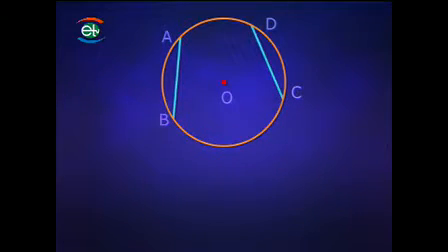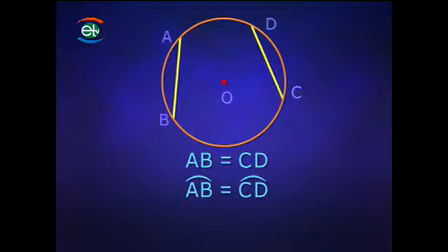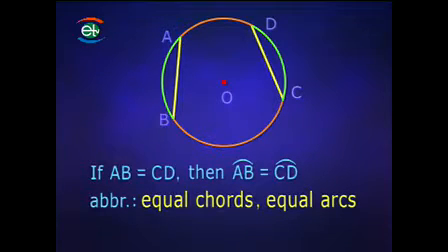So, the property and theorem relating to chord and arc are: in a circle, equal chords cut off equal arcs. The theorem is equal chords, equal arcs.